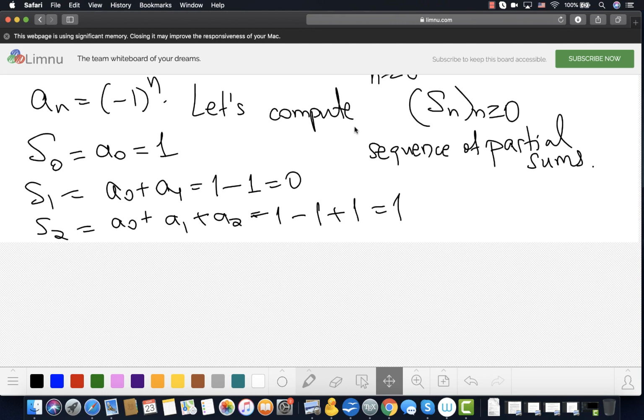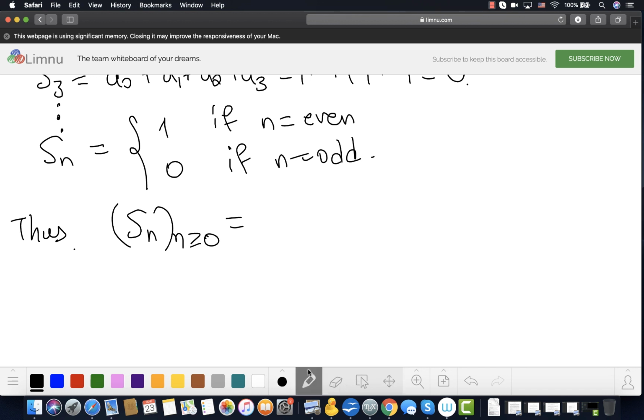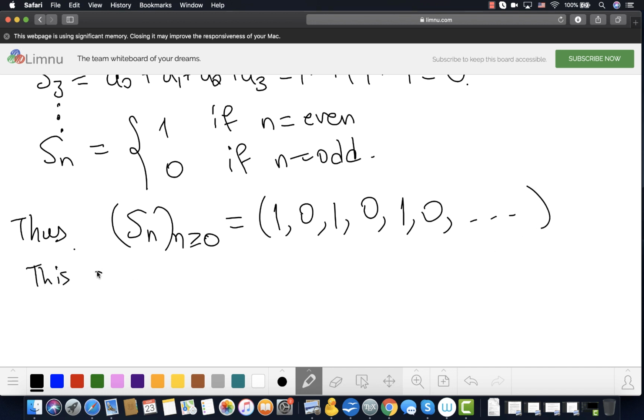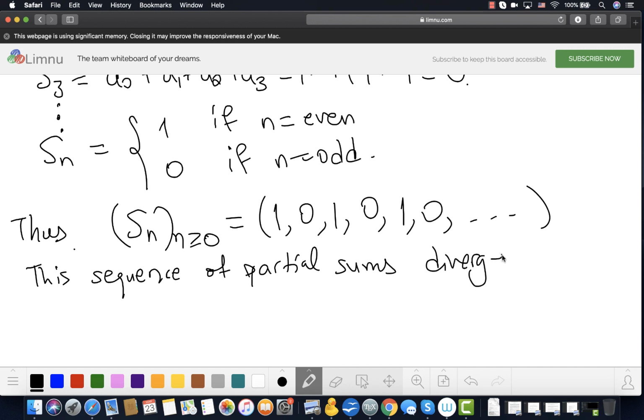is 1, 0, 1, 0, 1, 0, dot, dot, dot. And this sequence of partial sums certainly diverges, because it's a sequence of alternating 1s and 0s, so it oscillates between 0 and 1, and so it should diverge.